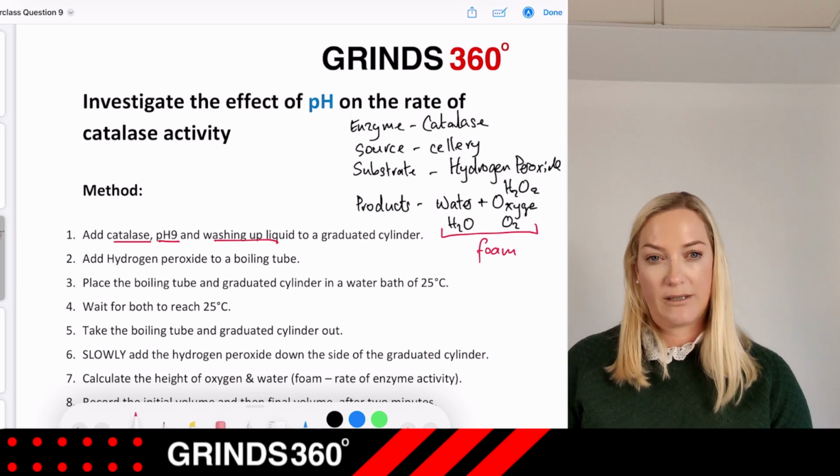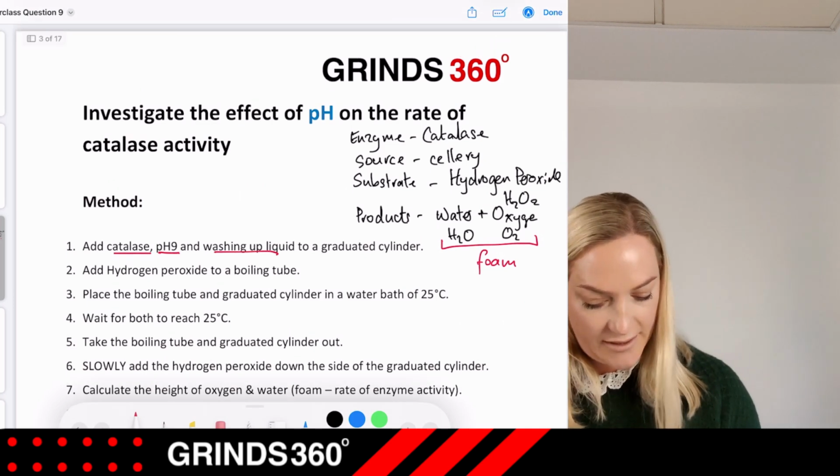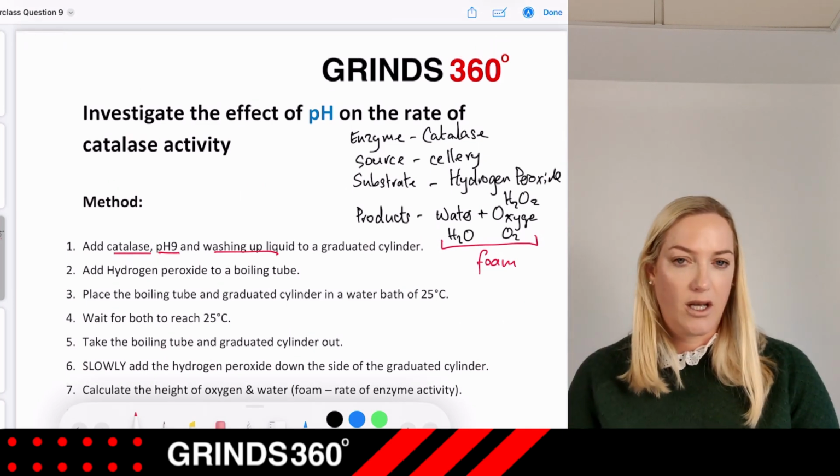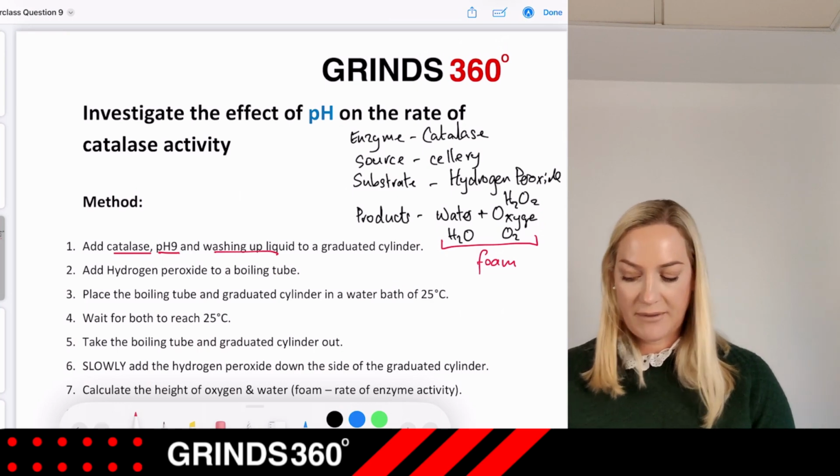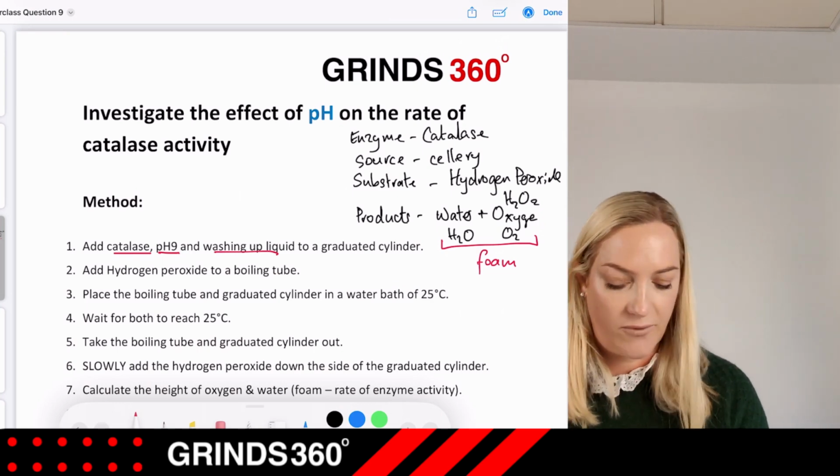And the washing up liquid, if I write down here, that could be a question. What's the purpose of the washing up liquid? It's going to trap the oxygen that's being released and it will help form the foam.